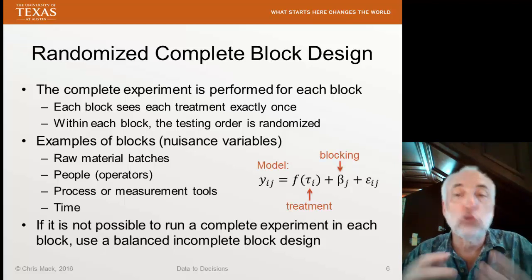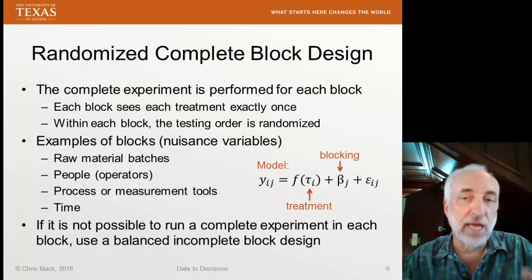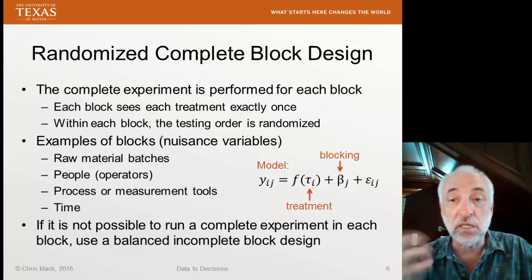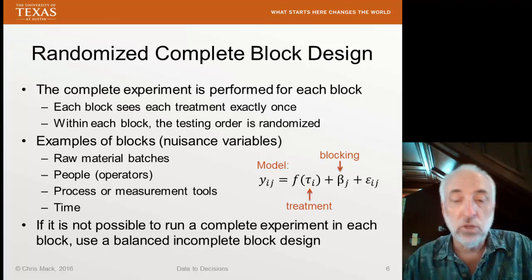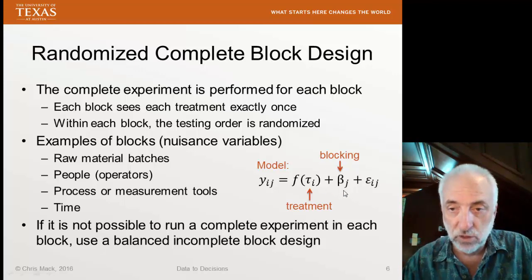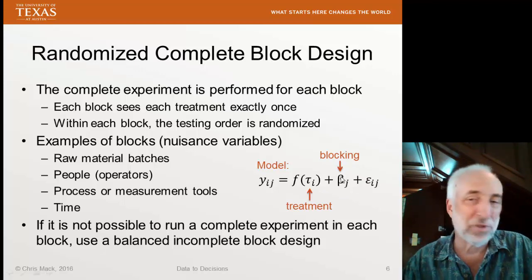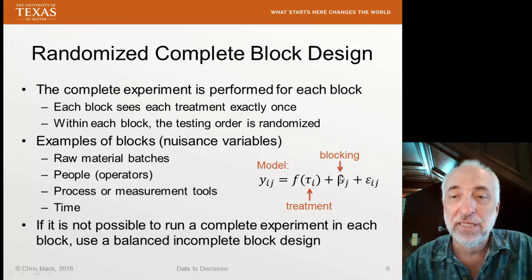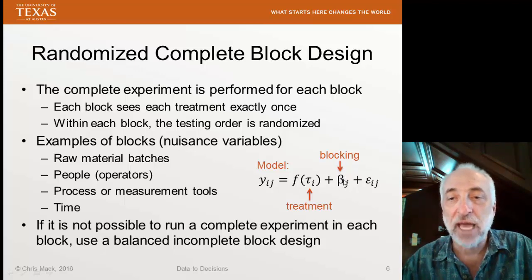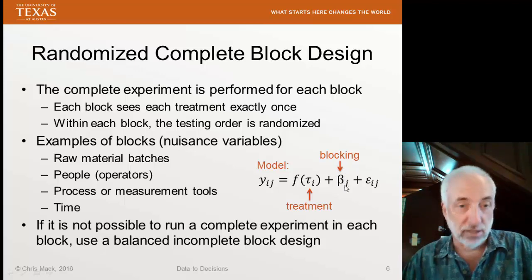And modeling looks a lot like covariate analysis in that I'm going to stick a blocking variable into the model here. So beta, or maybe I shouldn't use beta because we've used that variable for coefficients of our model, but B, let's call it. B sub j will be the blocking effect.